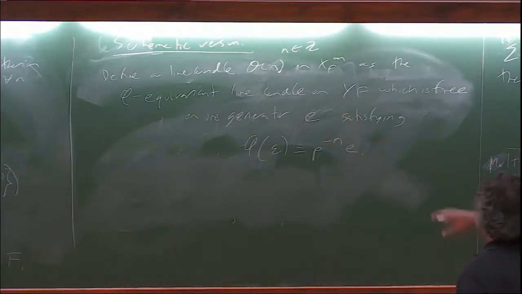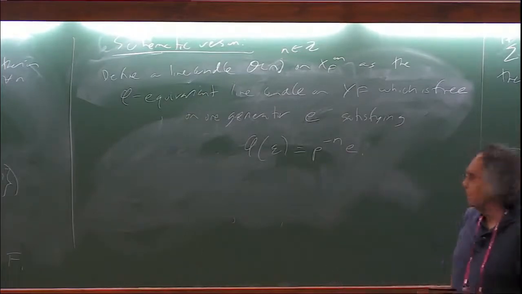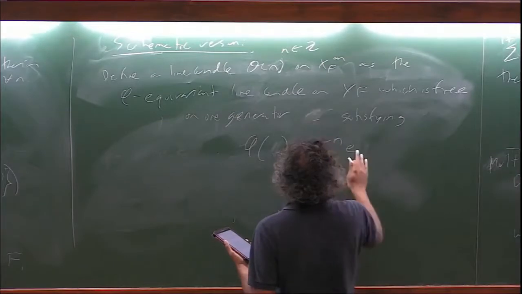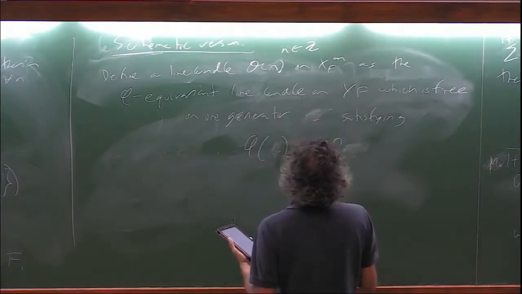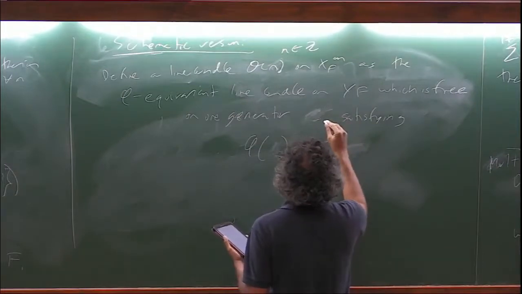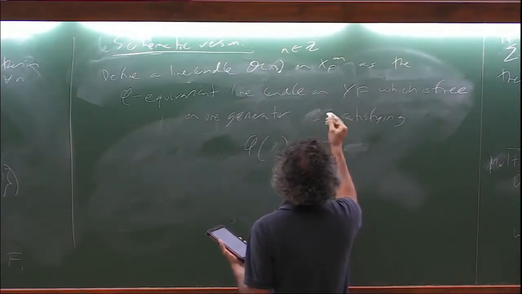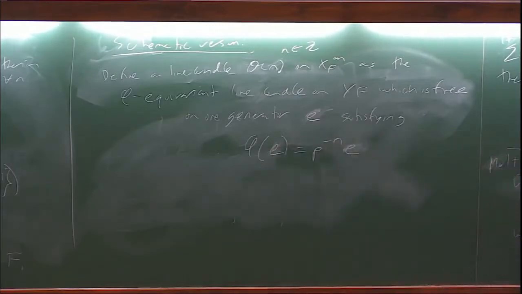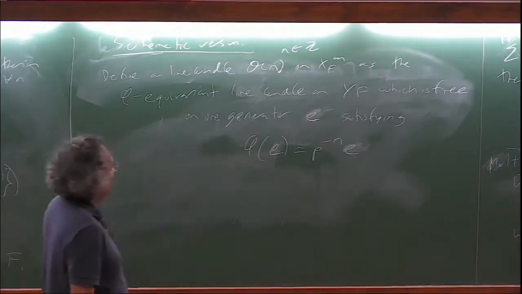In my notes, it's boldface V, because I think of it as a vector, but let's just call it E and hope that I can remember to write it correctly. It won't come up very often. Okay, so I have a line bundle on here.